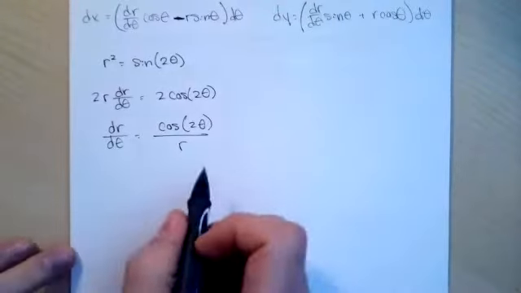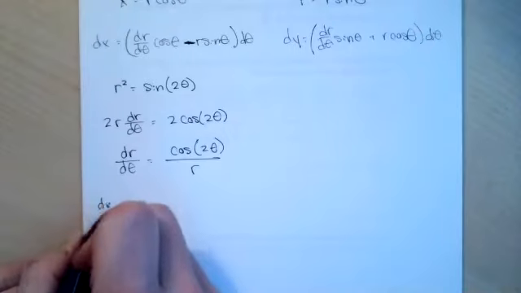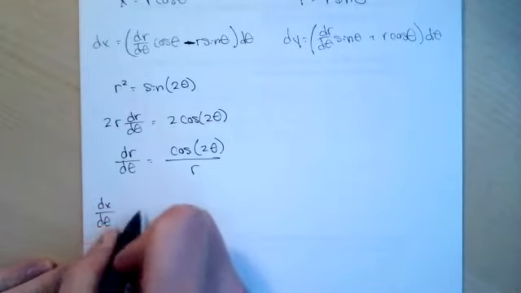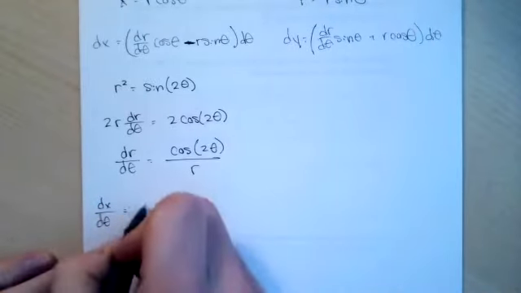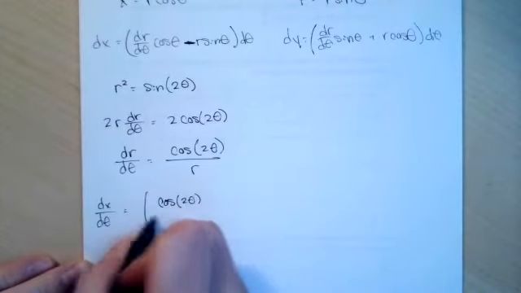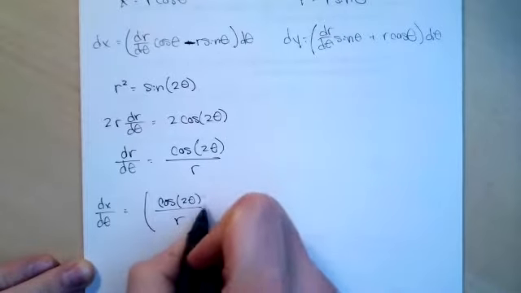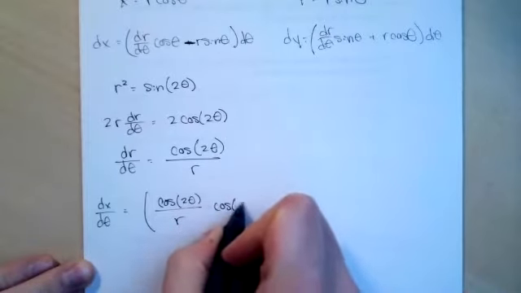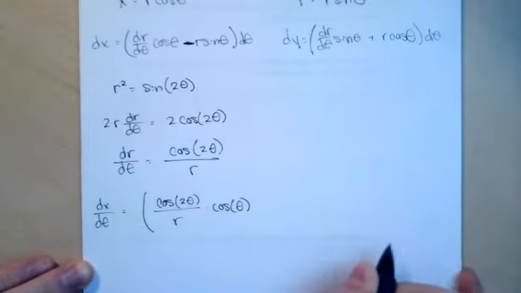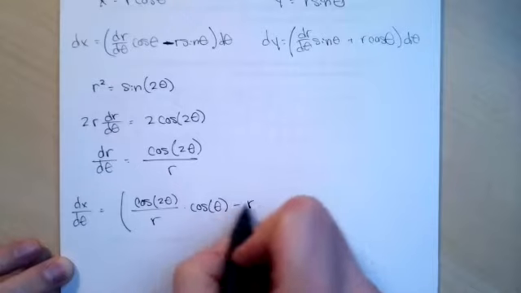So when we fill this in, we are going to have our dx d theta is going to be dr d theta and then minus, we'll keep all the r's as they are.